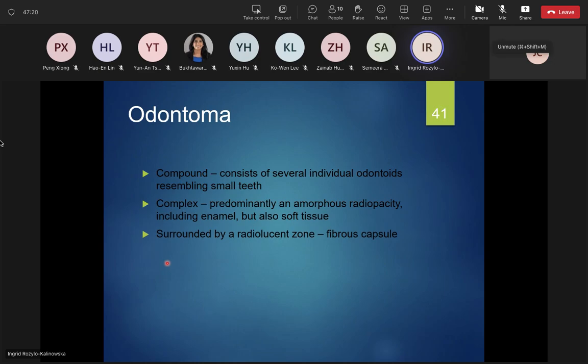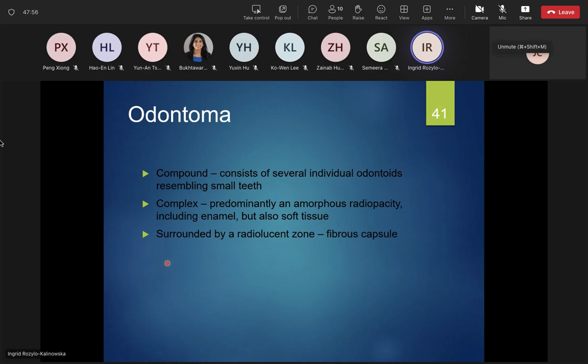And we have got two types of odontoma, compound and complex. So the compound consists of several individual odontoids, and these are structures that resemble individual small teeth.